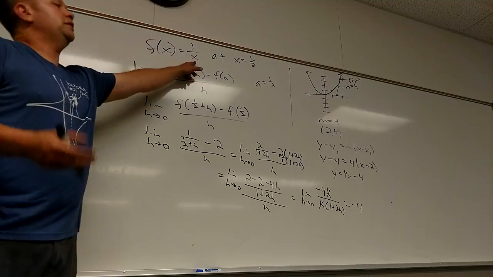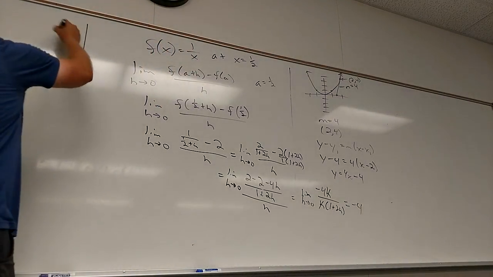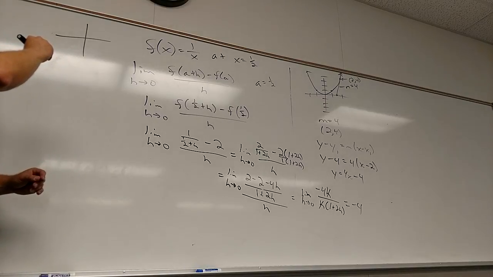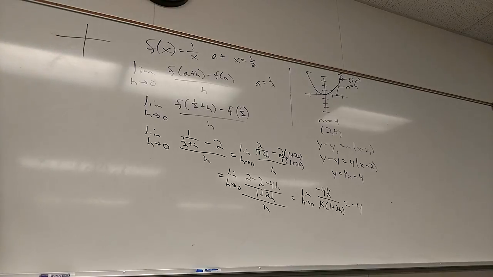Does anybody know? Please tell me you know what 1 over x looks like. What's that function look like? It's the most basic hyperbola. In one sense it's basic, in another sense it's not basic at all because it's a diagonalized hyperbola.